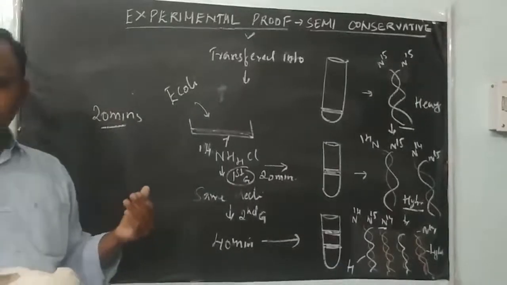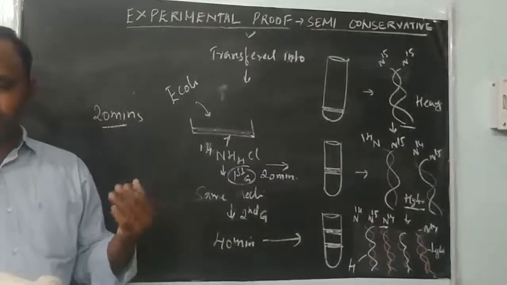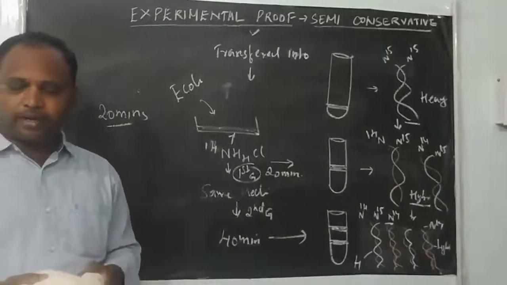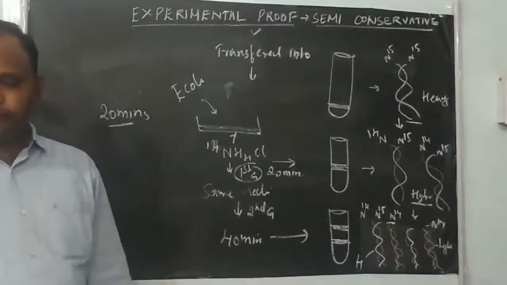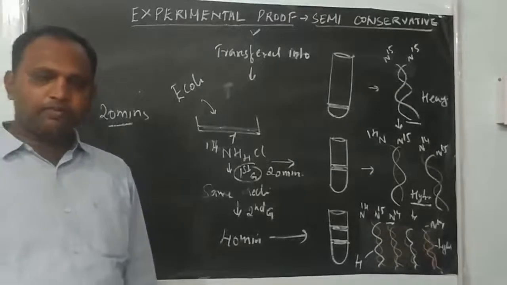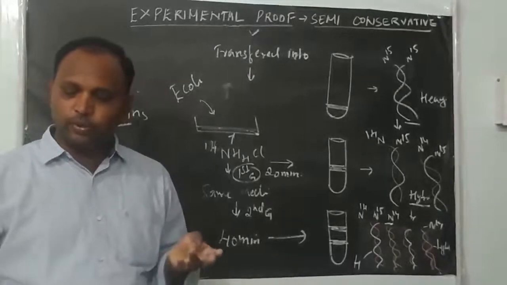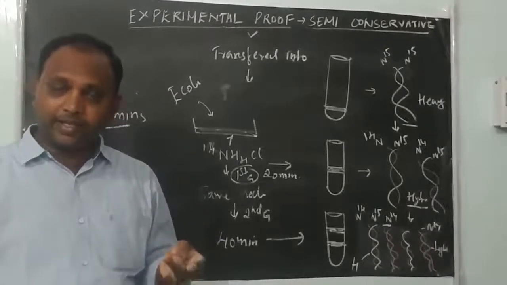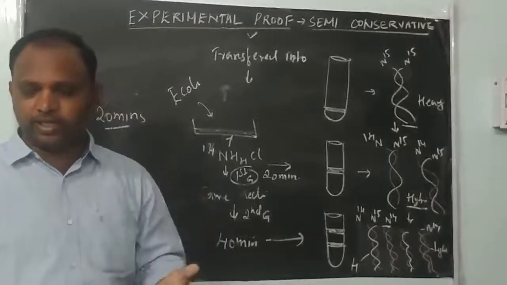The DNA was extracted from the first, second and third generations. After 40 minutes it is composed of 2 hybrid DNA and 2 lightweight DNA. So the amount of light DNA keeps increasing with each generation.